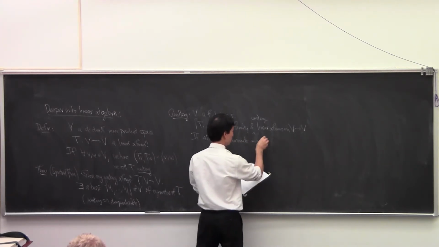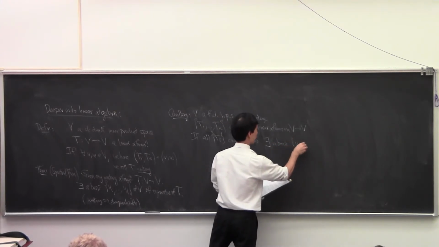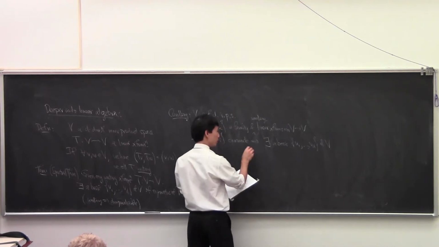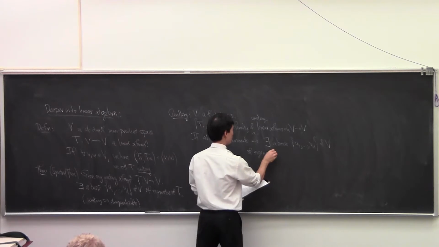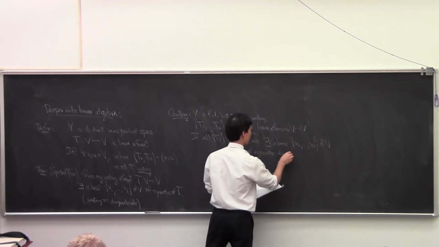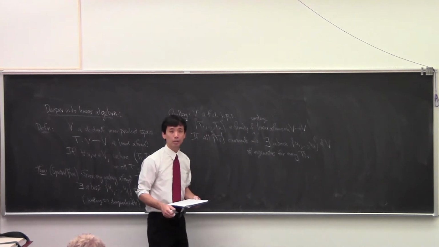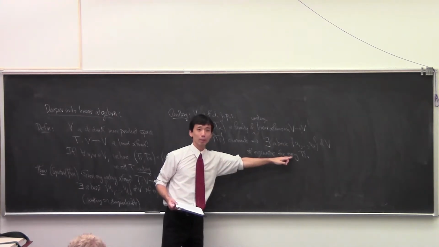then there exists a basis, again, V1 to VV, of V, of eigenvectors for every T_i. So these are simultaneously eigenvectors for all of the members of the family.